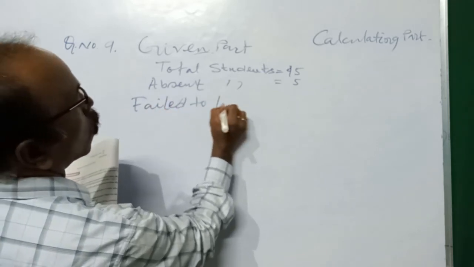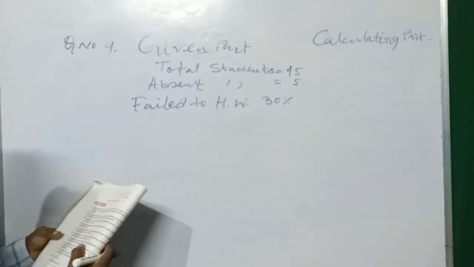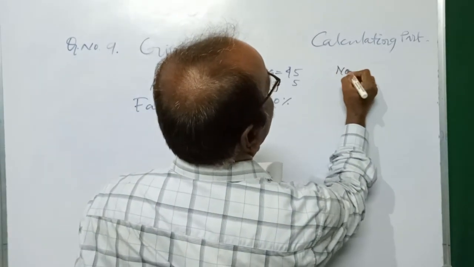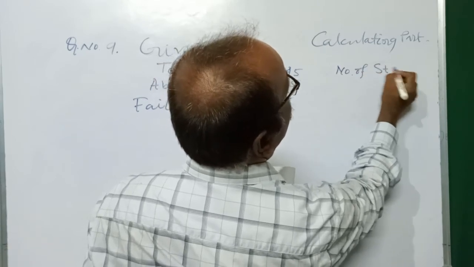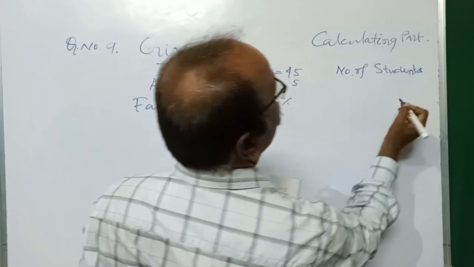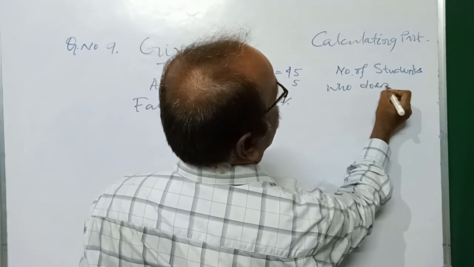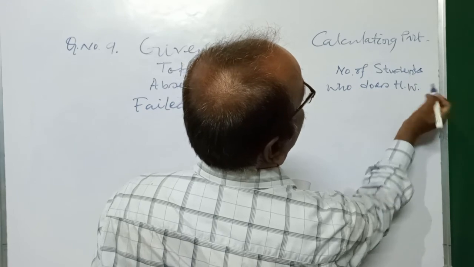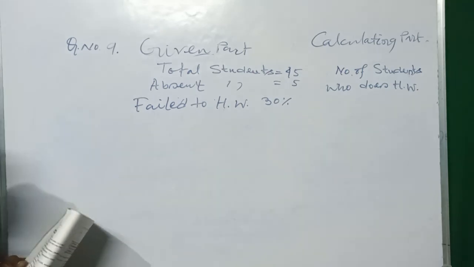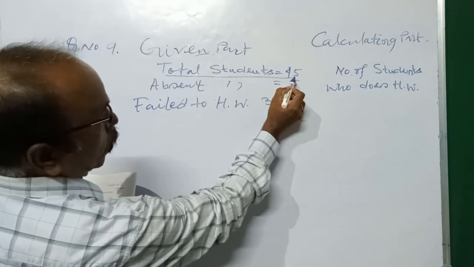Failed to do homework 30%. Now the calculating portion is the number of students who do homework. My dear student, you see, total students is 45.